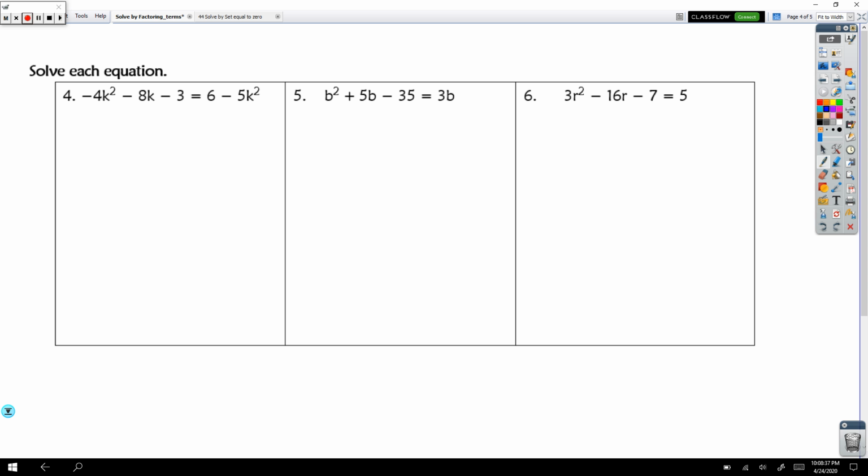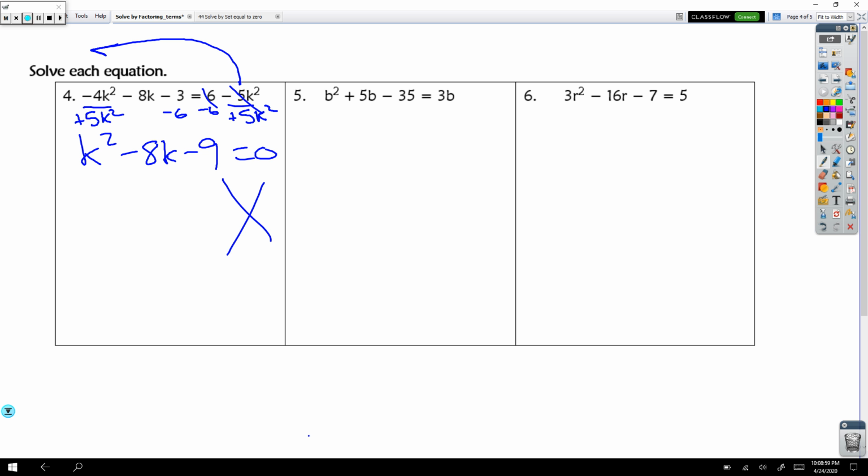So, both of them are negative. To make it positive, I would have to move the bigger one to the other side to make it positive. So I would add the 5k squared. And then subtract the 6. So k squared minus 8k minus 9 equals 0.